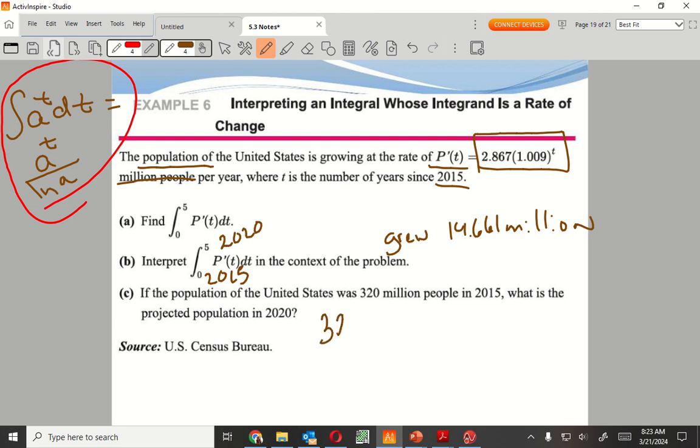So 320 plus my 14.661 is going to give me 334.661 million. Is it true? I don't know. But that was according to this time frame. This one we were projecting the population in 2020.